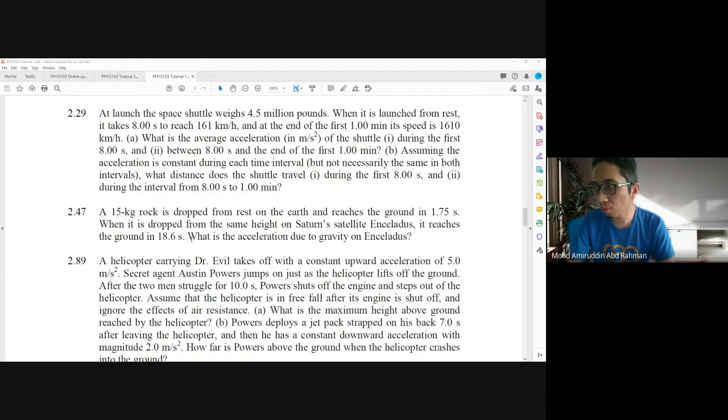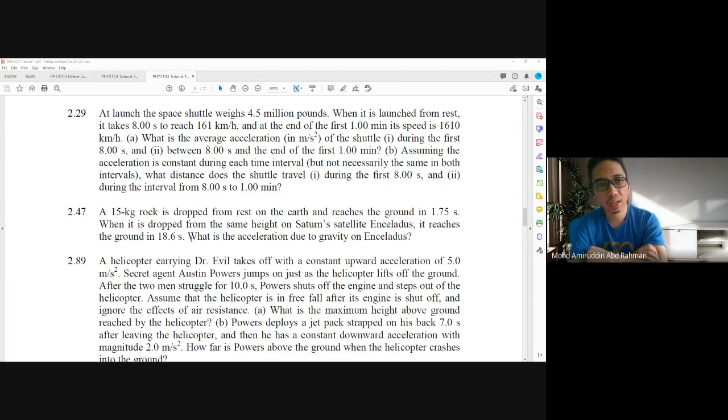When it is dropped from the same height on Saturn's satellite Enceladus, it reaches the ground in 18.6 seconds. So you can see the difference in the time for the rock to drop. What is the acceleration due to gravity on Enceladus?